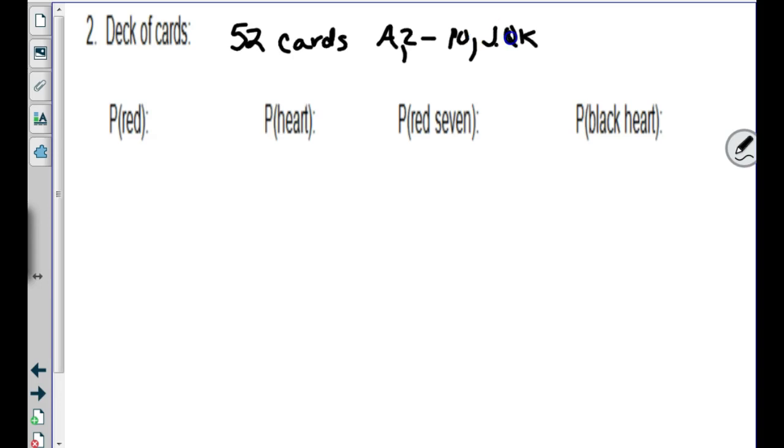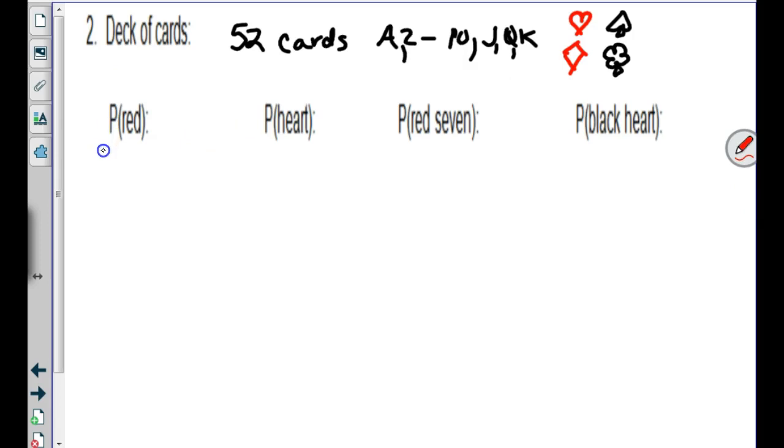That's supposed to be a Q, sorry. And there's 4 suits. There's red hearts and diamonds. And then there's black spades and clubs, but I would never ask you specifically the difference between those. I know some people just have a hard time.